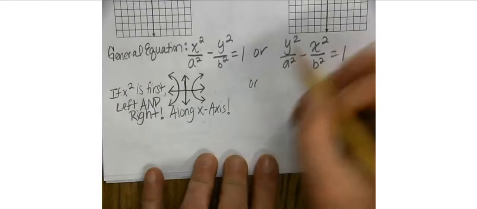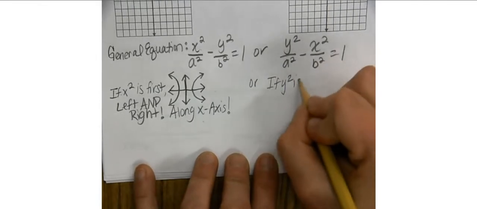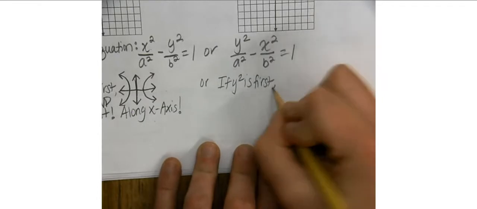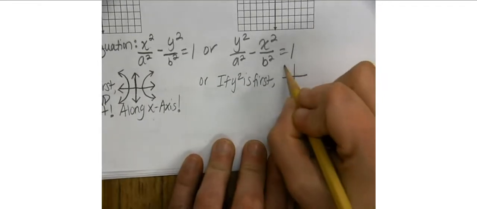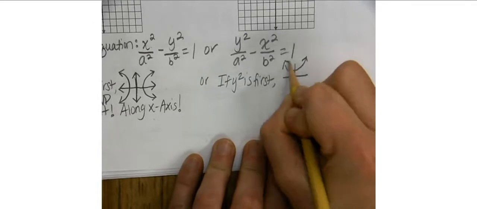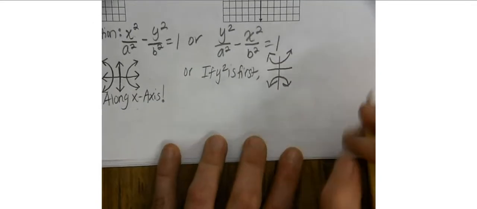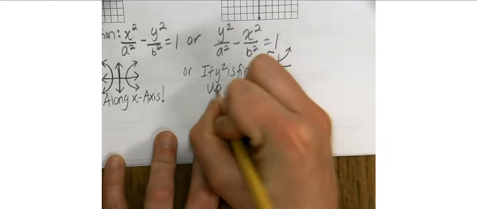Or if y squared comes first, then your hyperbolic shape, or your graph, your hyperbolas, will be along the y-axis. So it's going to be pointing up and down.